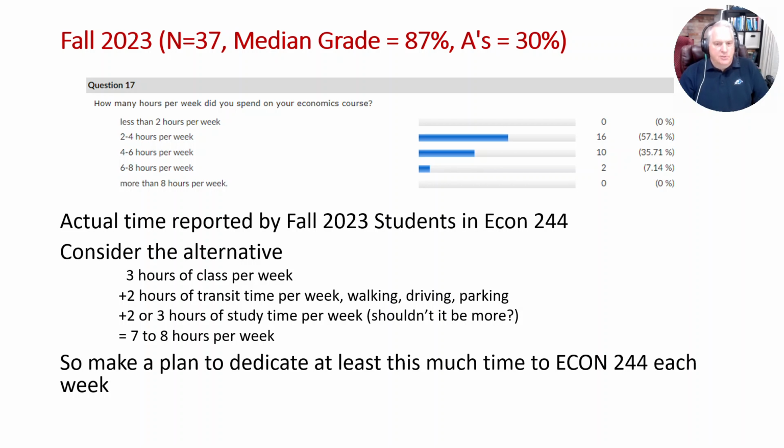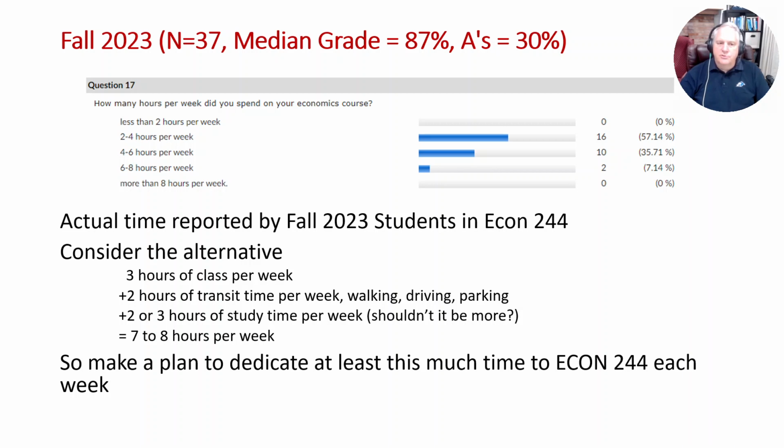But when you're thinking about the course, recognize that this is an online course. The amount of time that I would imagine we would spend together if we were in a face-to-face, there would be guaranteed 3 hours of class per week, in which case you'd be sitting in a chair in a room with me. And it probably is not unreasonable to say somewhere around 2 hours of transit time, depending upon where you're coming from. This includes walking, parking, and maybe driving, whatever.